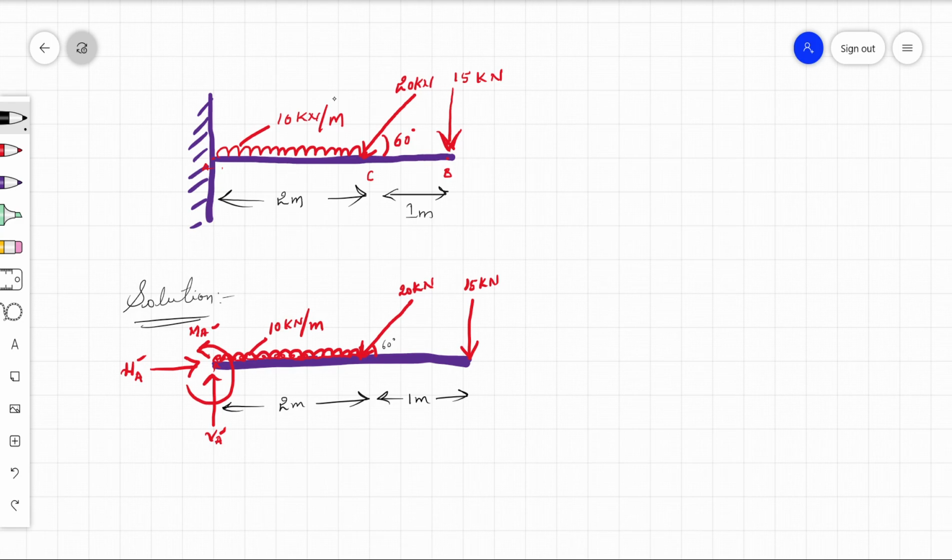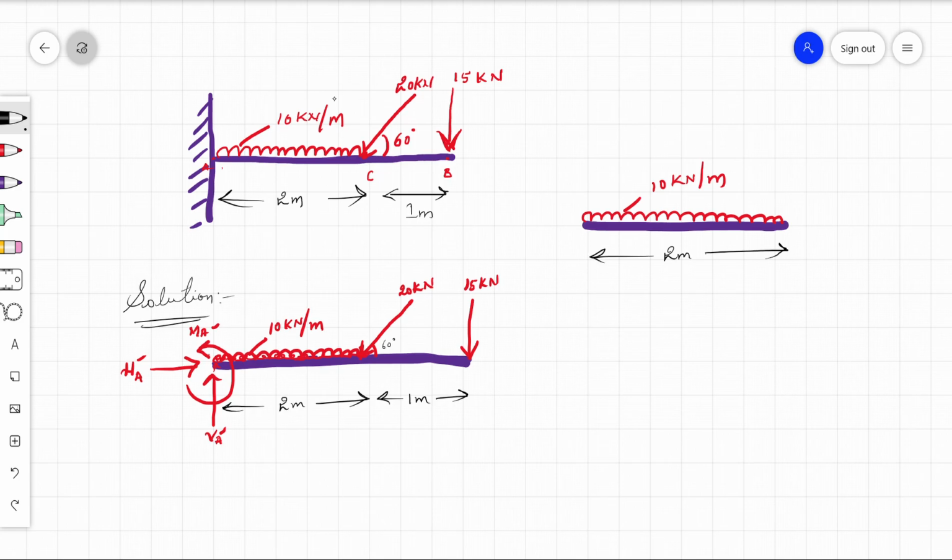There will be one more concept that I'm going to teach you right now. We have to do one small thing. I hope you already studied this. If there is a UDL, we need to convert that UDL into a point load. Now this is 10 kilonewton per meter, and the length was 2 meter.